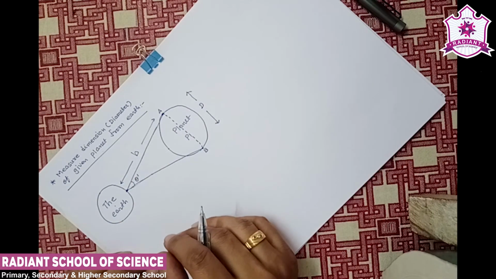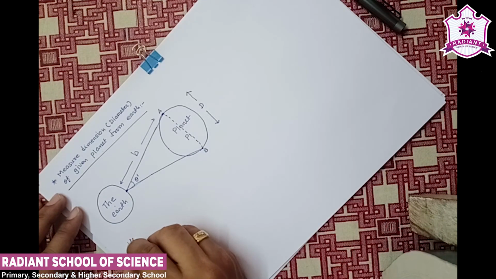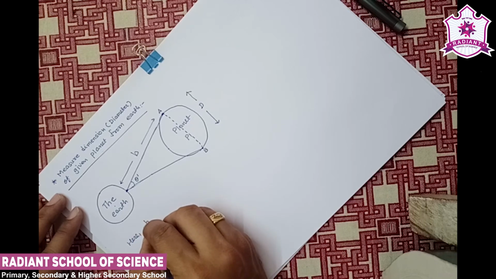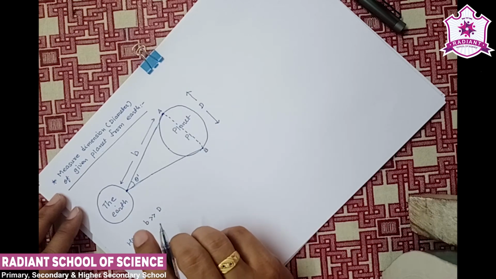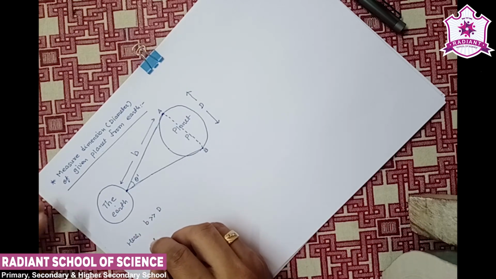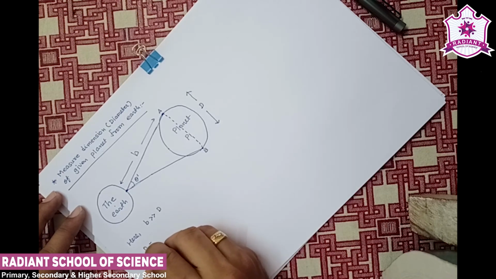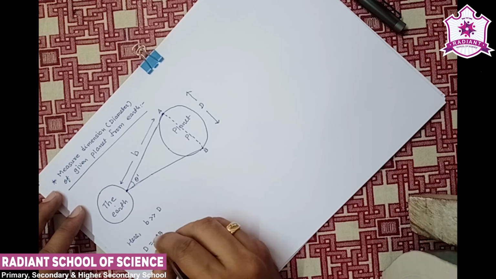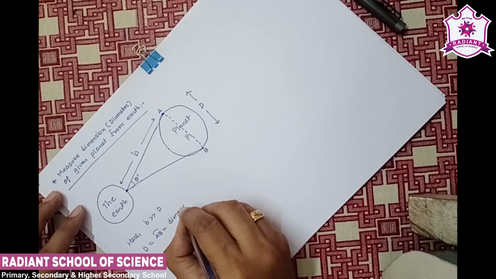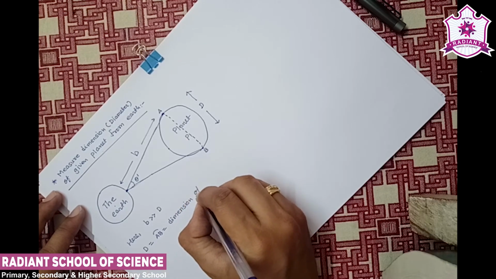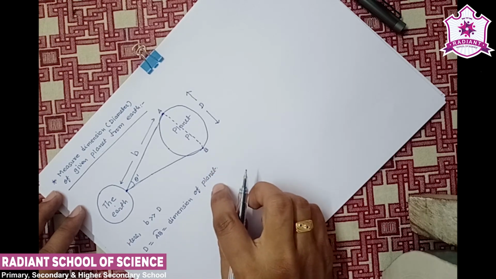So how can we apply this phenomenon? Simply, here also we know that b is very much greater than D. We want to find out this D, which is the arc AB, the dimension of the planet.